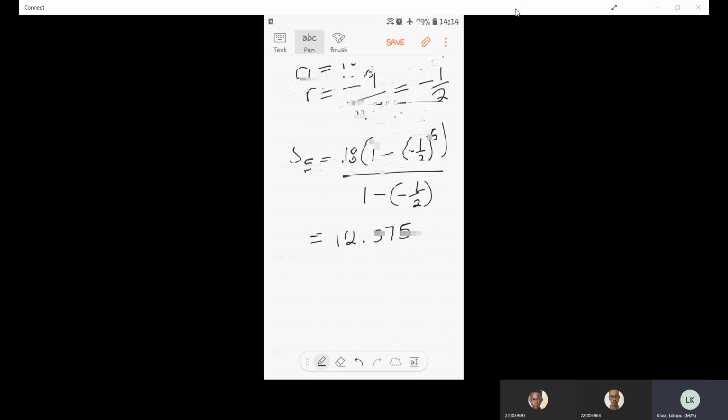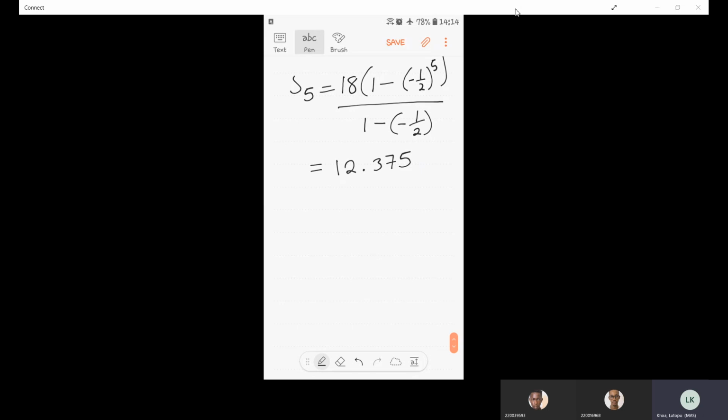And then the sum of the first 6 terms, S6, is equal to 18, 1 minus -1/2 to the power of 6.